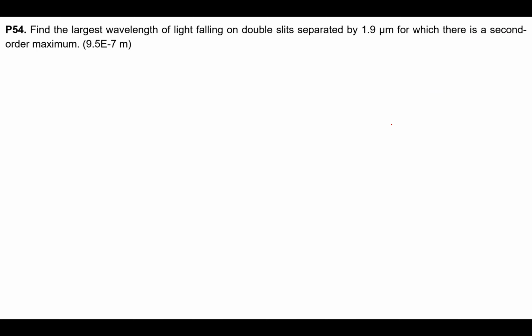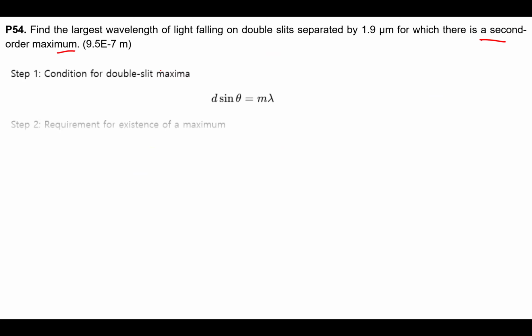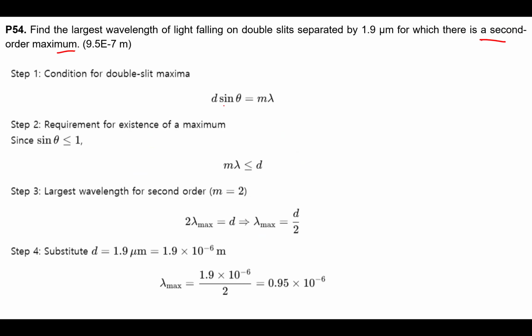Okay, so find the largest wavelength of the light falling on a double slit separated by 1.59 micron, for which there is a second order maximum. Okay, so we note that d sine theta is m lambda for the double slit. The requirement for existence of a maximum means that sine theta is always less than 1.